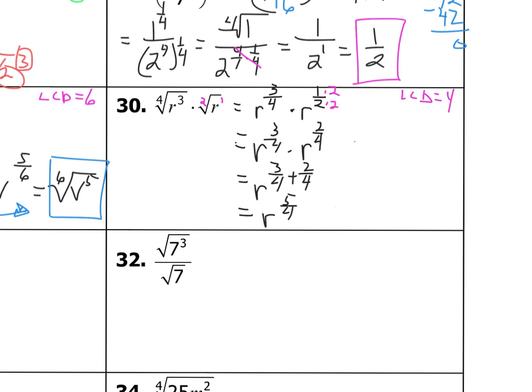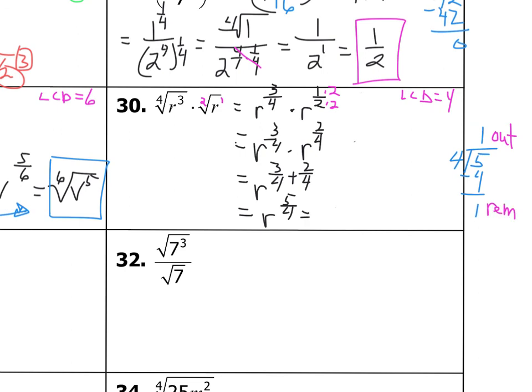Now this time I will be able to divide. 5 is divisible by 4. So I'm going to do that off to the side. 4 goes into 5 once with 1 left over. And so what that means is I'm going to have 1 r on the outside and 1 r will remain.